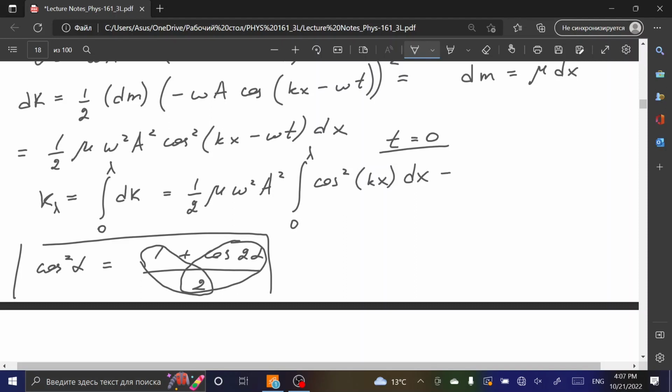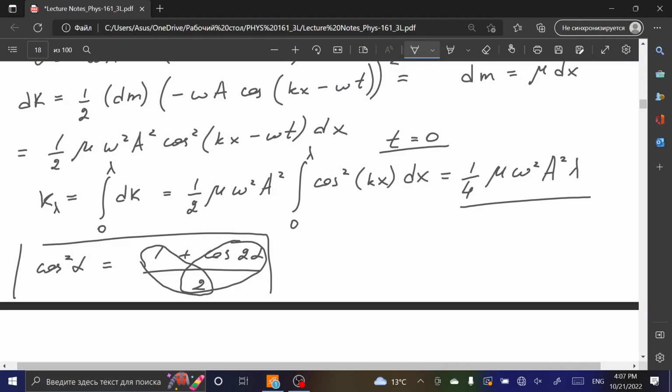Eventually we get the expression 1/4 mu omega squared A squared lambda. That is the total kinetic energy per one wavelength in this specific case.